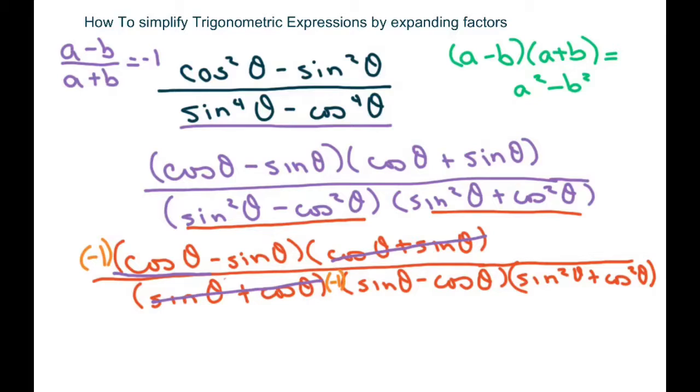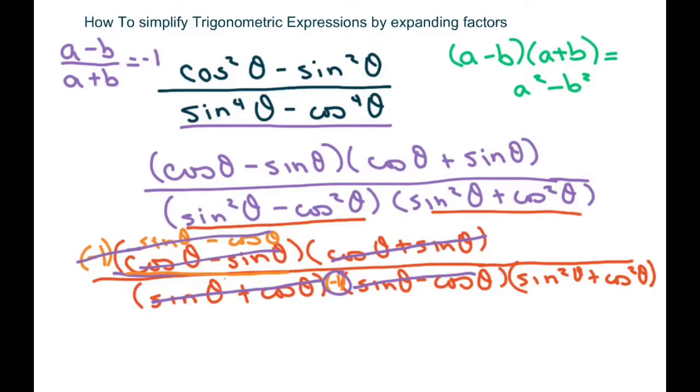And so if I do that, if I multiply, say, this by -1, that's going to change that to sine of theta minus cosine of theta. So what's going to happen is these are going to cancel here. That cancels out.